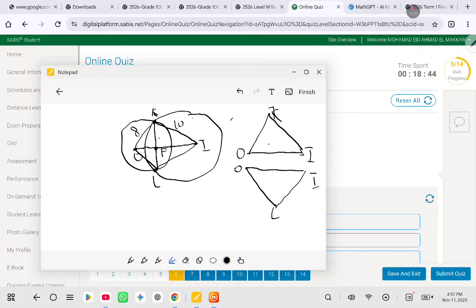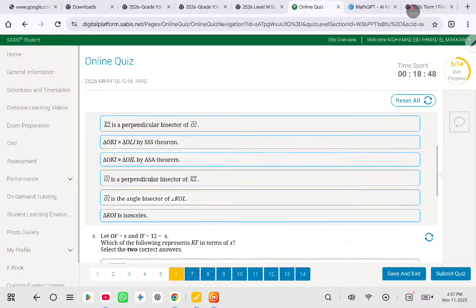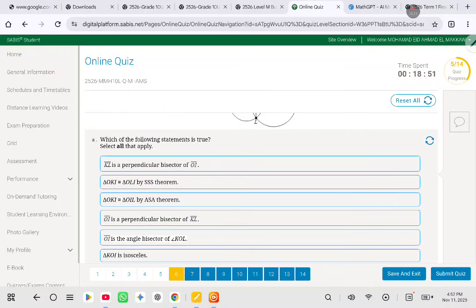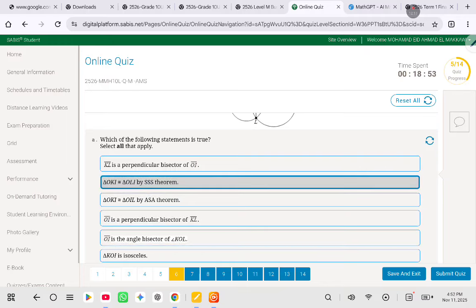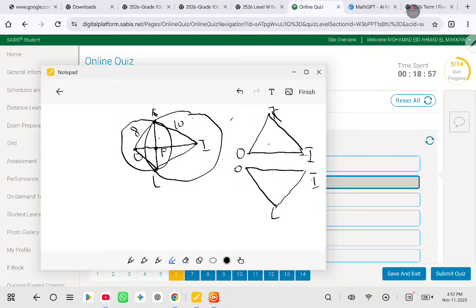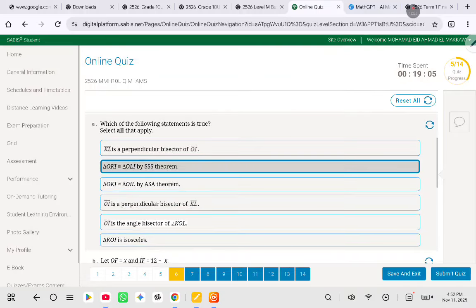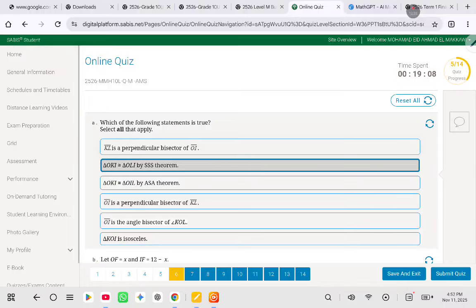Guys, the two O sides are equal, L and K are equal, and the I sides are equal. So yes, it is true. OKI is congruent to OIL? No, based off what we just did right here, it's not. I didn't just make this up, right?